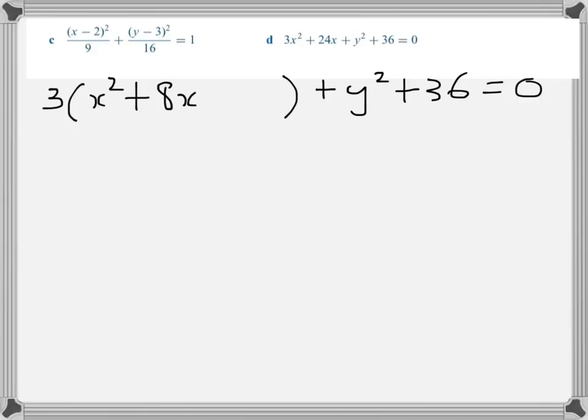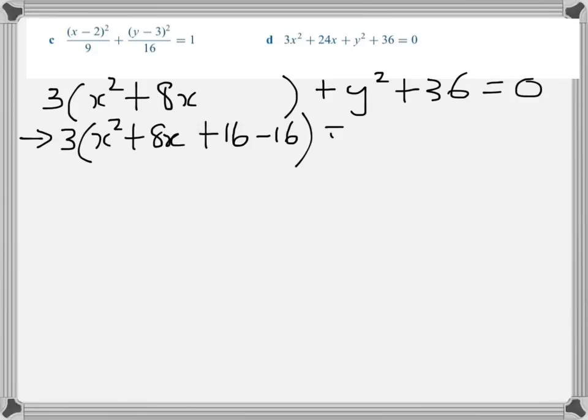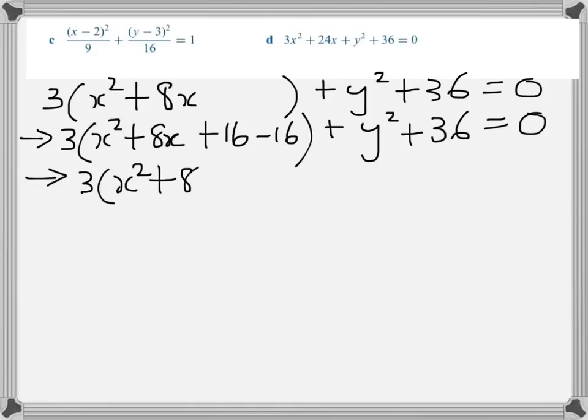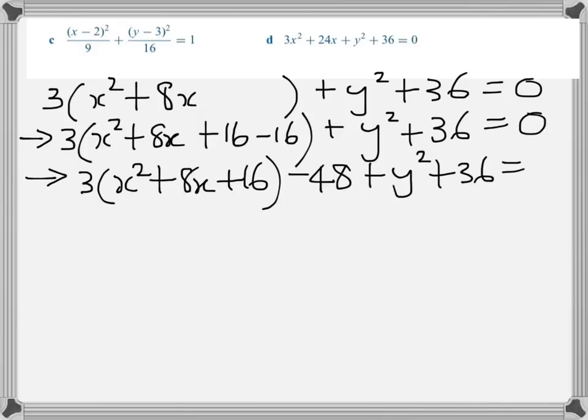All right, next line. Yes, I need a 16, and I need to take 16 away straight away. Now I want to get rid of that negative 16, the last term in that first bracket, because it's no use to me in there. So here we're going to do that. But be careful, it comes out of the bracket as a negative 48. Don't make that error.